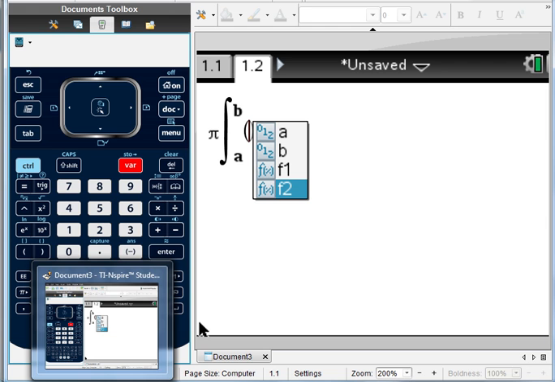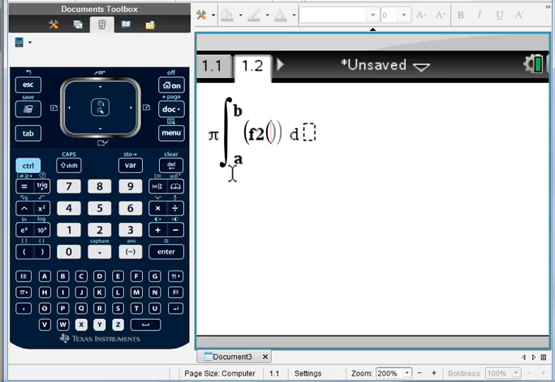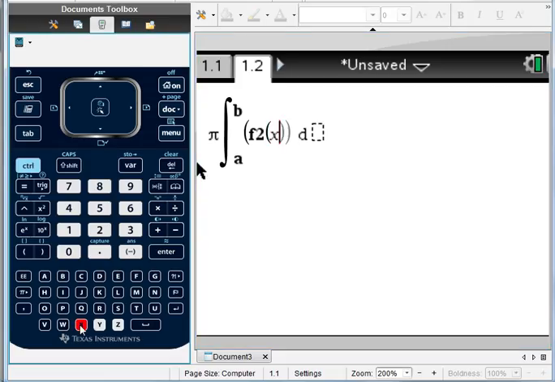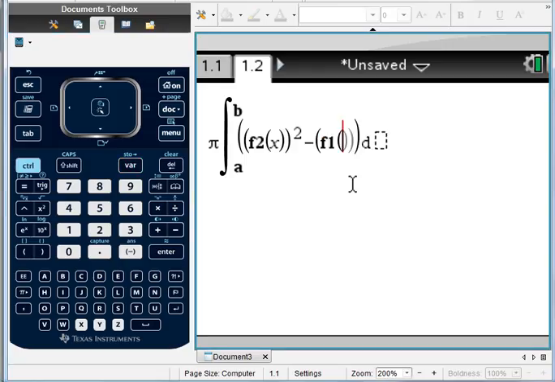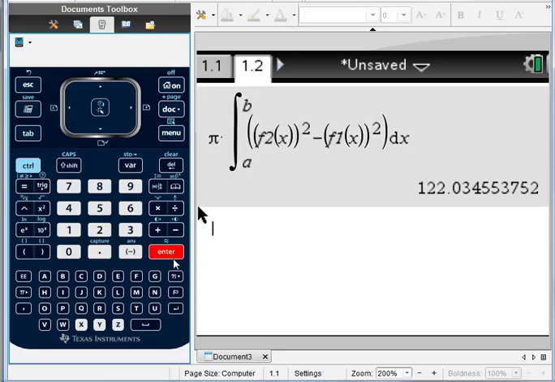So you have f2 of x squared minus, in parentheses, f1 of x. Should put the squared in the right place. We're not squaring the x, we're squaring that whole function there. And then times dx. Since I put the pi out in front, I don't have to worry about multiplying it later. Let's see if we get the same answer that way.